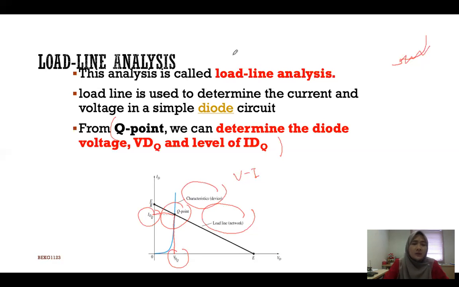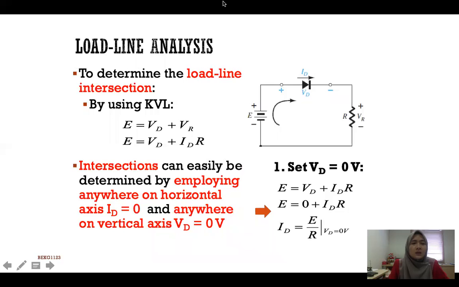So how can we determine the load line intersection? For example, given a circuit, this is a simple diode circuit. You have a voltage source, this is the diode, and this is a load resistor.